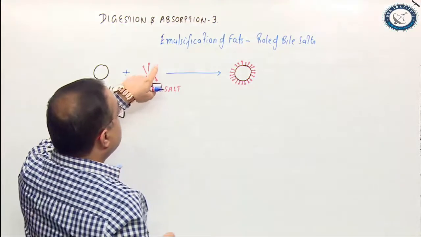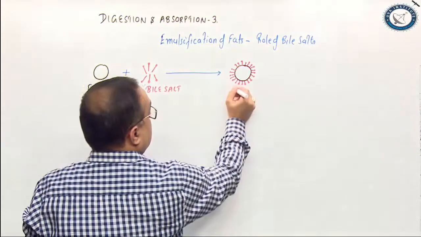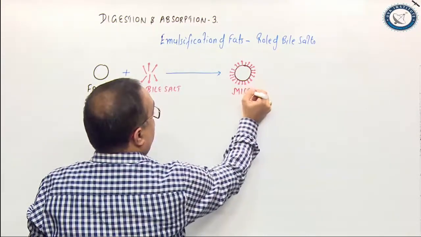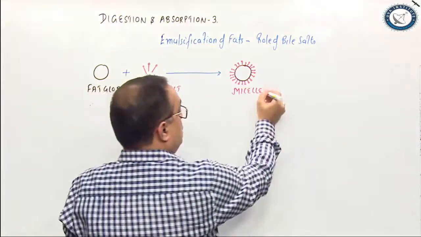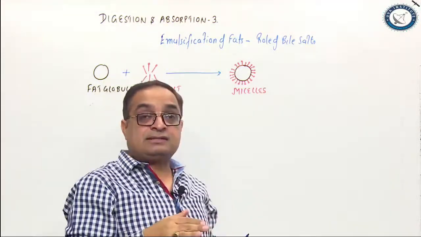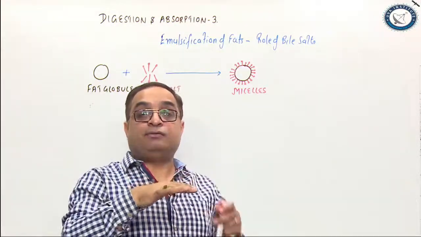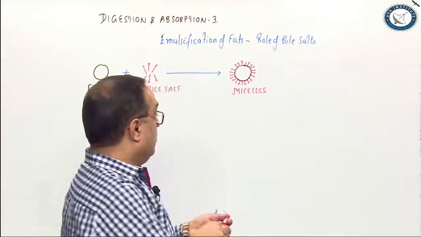So, one end is the hydrophobic end, the other end is the hydrophilic end. Bile salts form a layer around fat globules to produce micelles. These micelles easily float in the aqueous environment of the intestine, right?